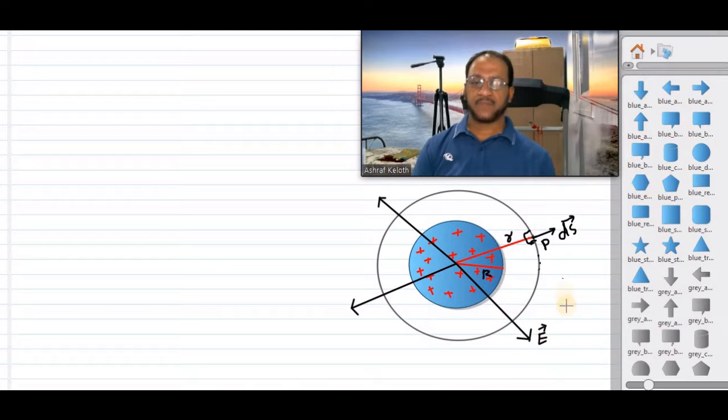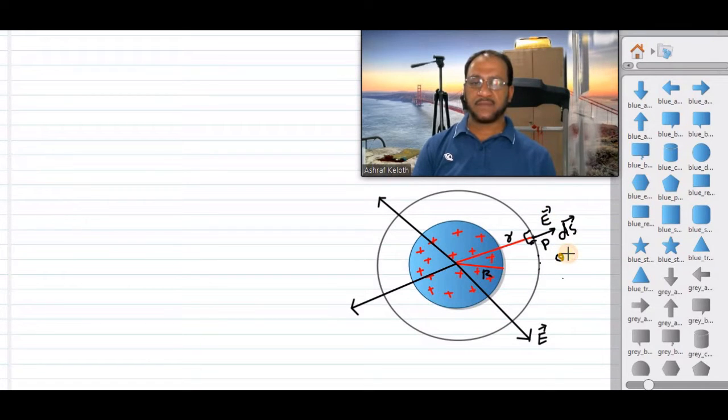Then my question is, what is theta here? At point P, ds is normal to the surface, the vector area is in this direction, and the electric field is also in the same direction.